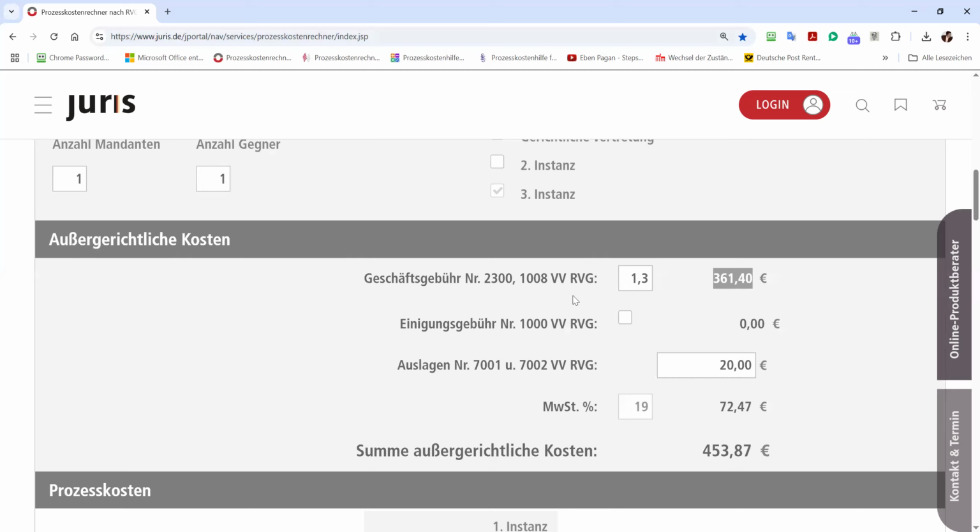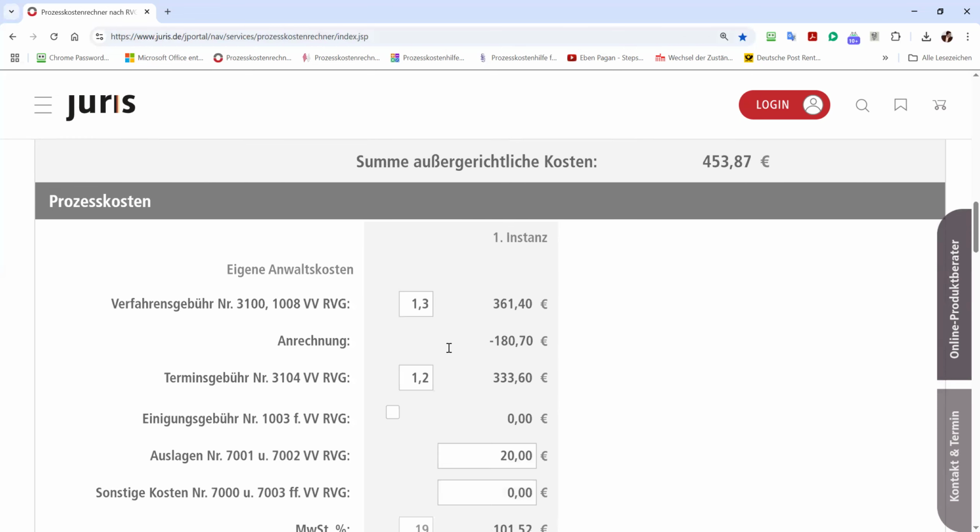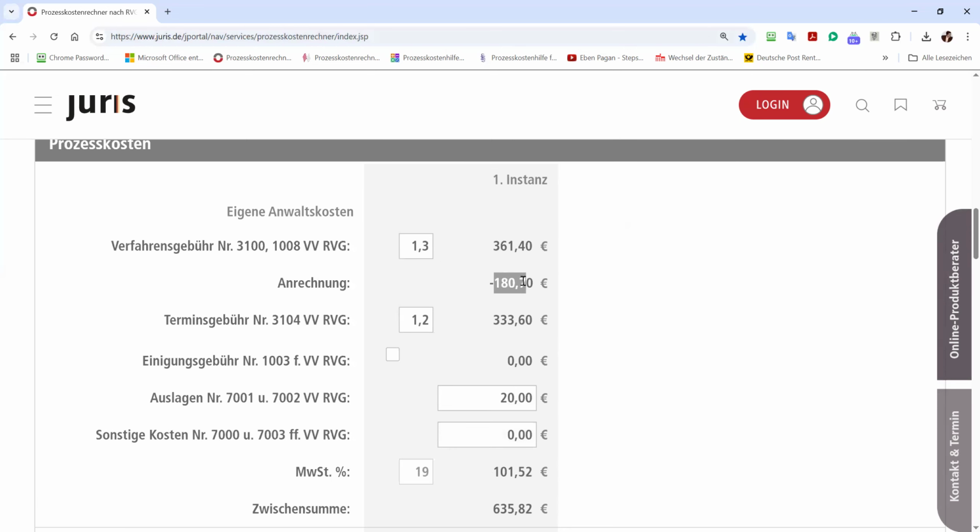Okay. Now, if the matter goes to court afterwards, the earlier fee is partially credited towards the procedural fee. As you can see, those 361 euro are deducted from this procedural fee right here.